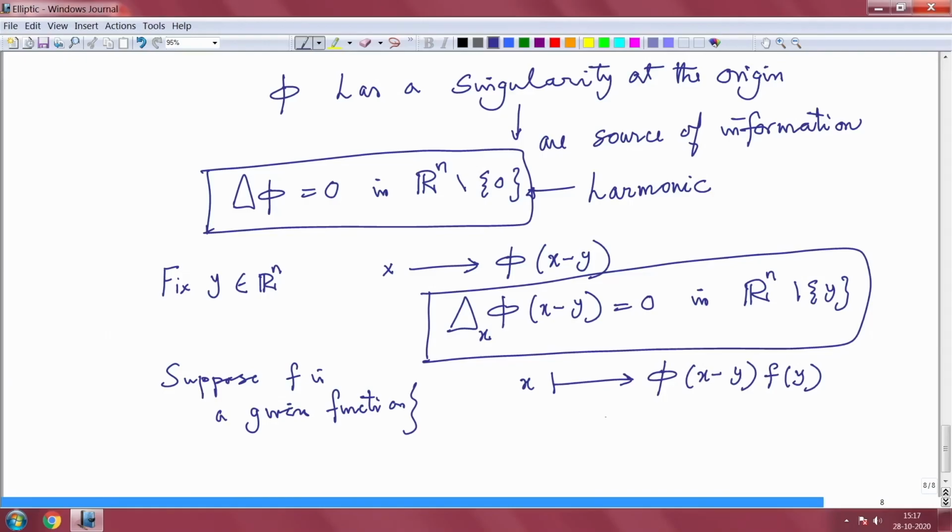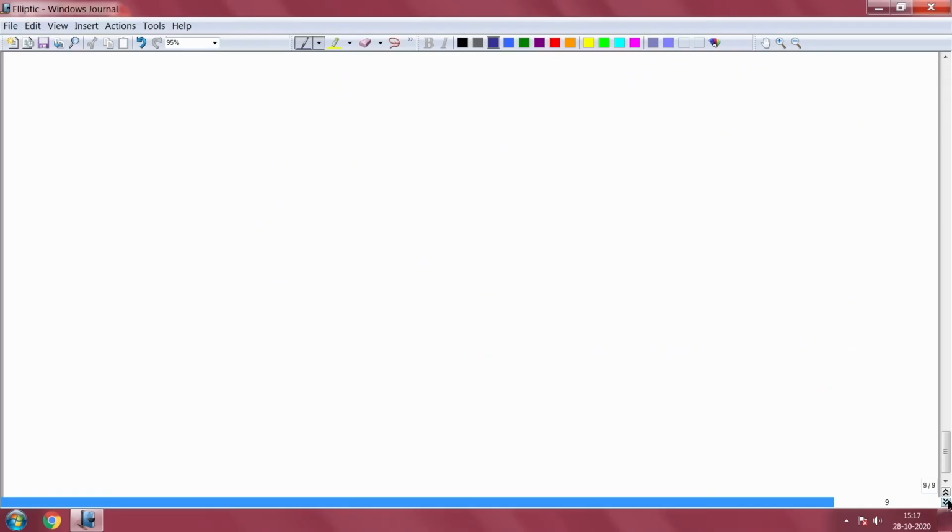So, this is also harmonic. You want to combine all your singularity actions, and that motivates us to define summing all the information from the singularities. Every point, if you shift it, gives a singularity, and phi of x minus y is harmonic except at that point. You take finitely many, sum them, and you still get a harmonic function except at those finitely many points.